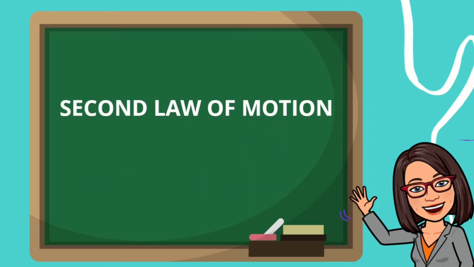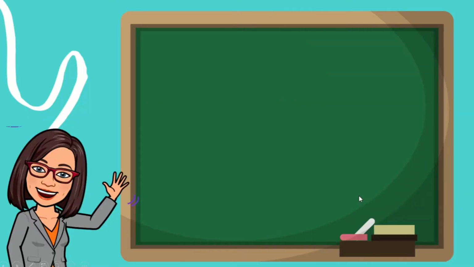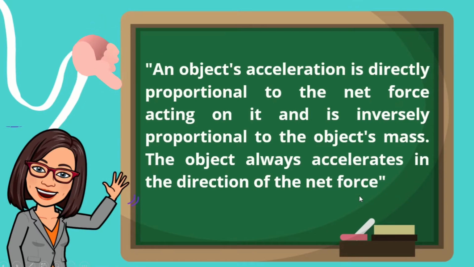This is the essence of the second law of motion, which can be stated as: an object's acceleration is directly proportional to the net force acting on it and is inversely proportional to the object's mass. The object always accelerates in the direction of the net force.